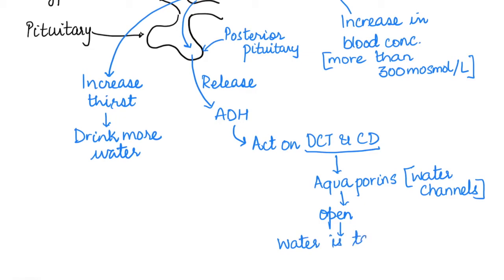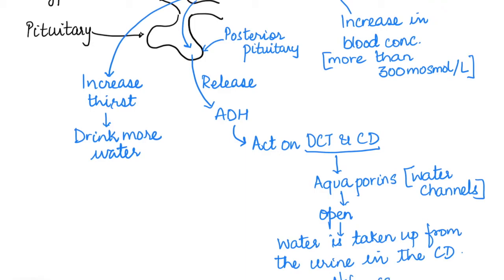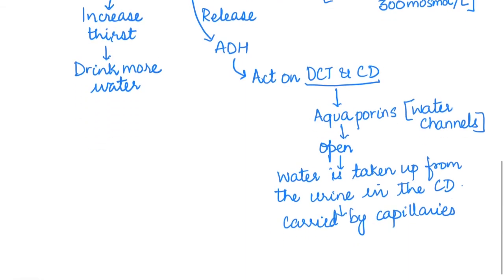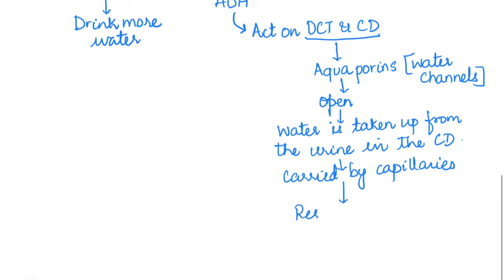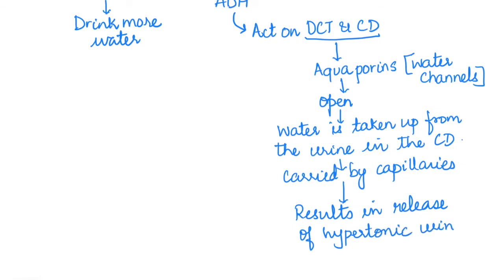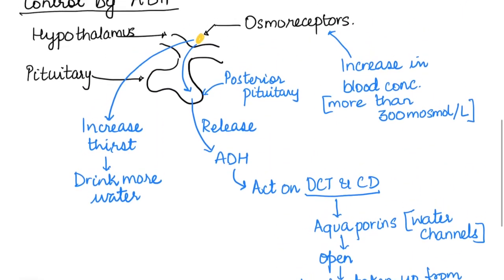Now when the aquaporins open, water is taken up from the filtrate in the collecting duct and it moves into the capillaries. So once the water is taken from the collecting ducts and enters the blood, the blood volume is restored, and it simultaneously results in a hypertonic urine being released.